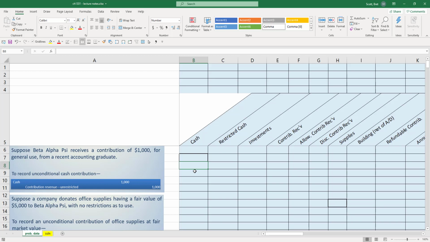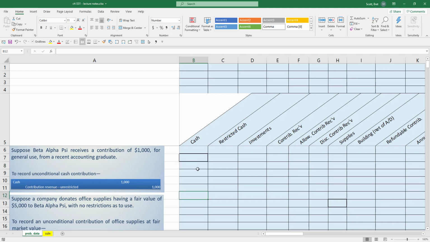Now, I'm from Western Washington University, so Beta Alpha Psi exists. There's a chapter up there, but there's also an accounting society at Western Washington University. So even if people don't necessarily meet the qualifications of being a member of this fraternity, they can still be a member of the accounting society.